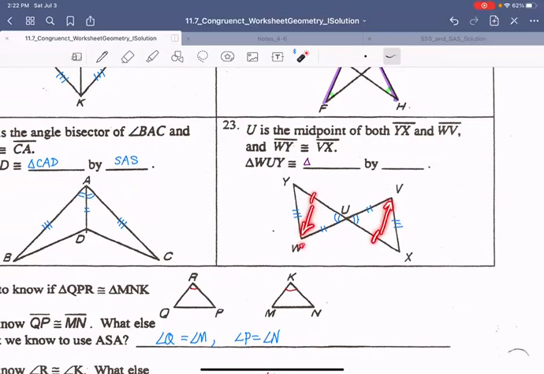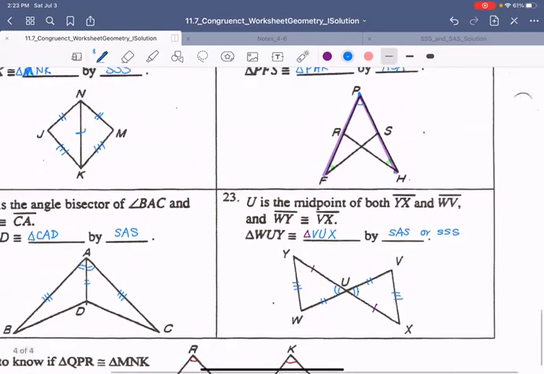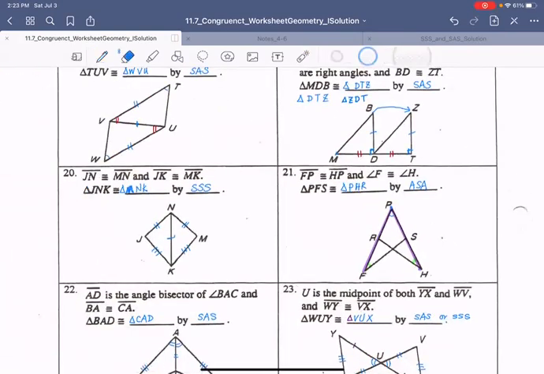So we want to see V first, and then VUX, say U. By what? Side angle side and side side side. We can say SSA. Oh, sorry, not SSA. SAS. Oh, SSS, right? Okay, very good. Now, Abby.